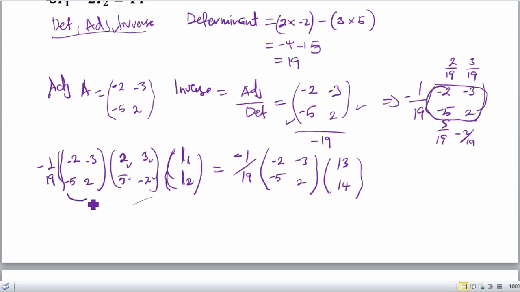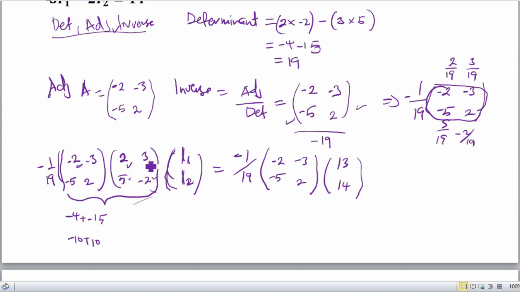Okay, let's start by multiplying these two. So we shall have negative 2 times 2, that will be negative 4, plus negative 3 times 5, which is negative 15. Negative 5 by 2, that is negative 10, plus 2 times 5, which is 10.